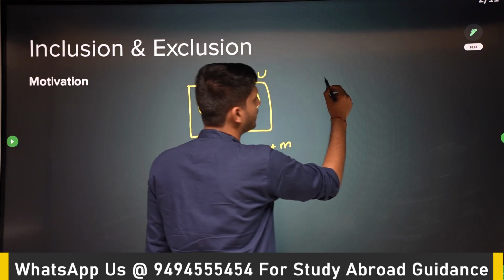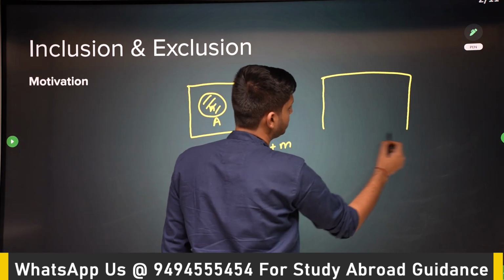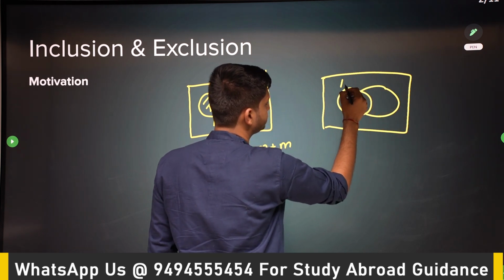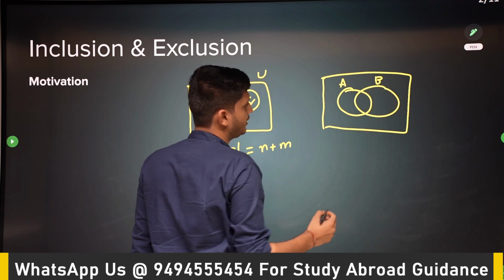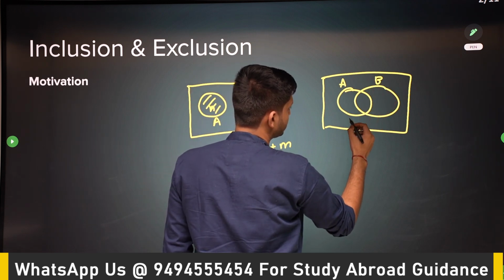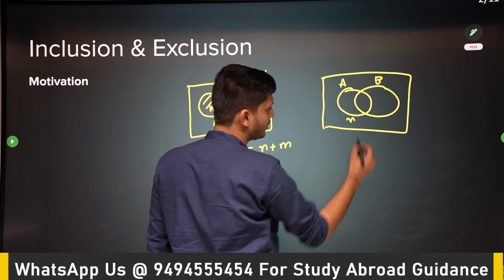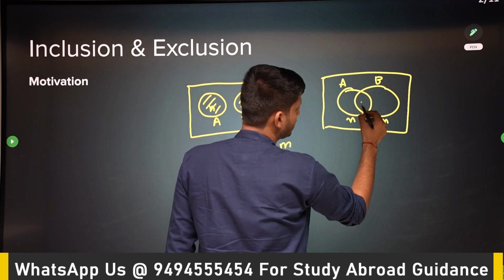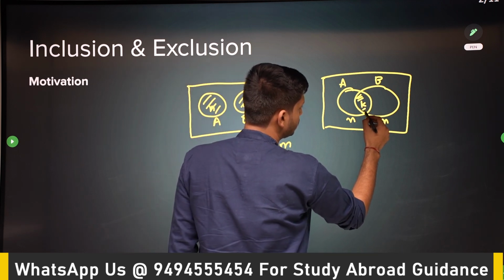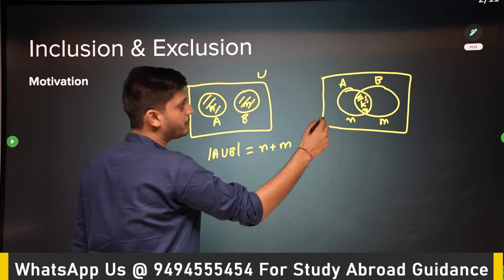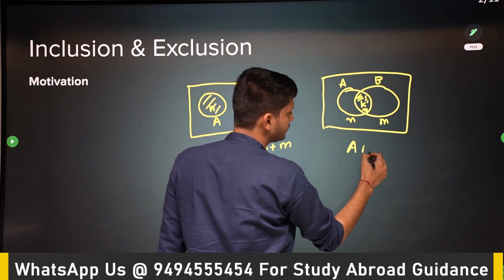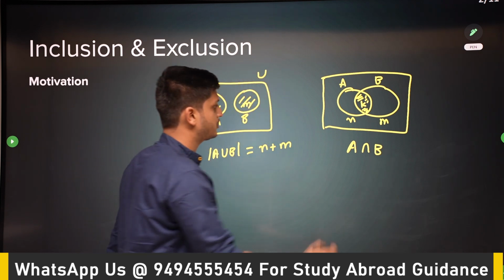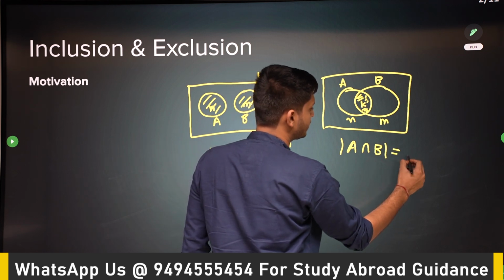But sometimes there might be a few elements common in A and B. So let's say this is my set A, this is my set B, and there are n elements in A, m elements in B, and there are k elements which are common in both A and B. The common part is called A intersection B. So the cardinality of A intersection B is k.